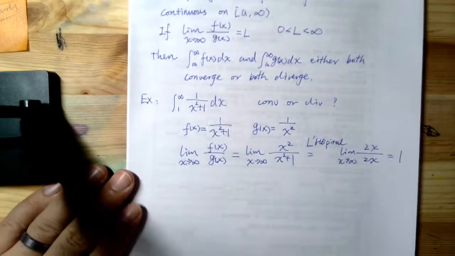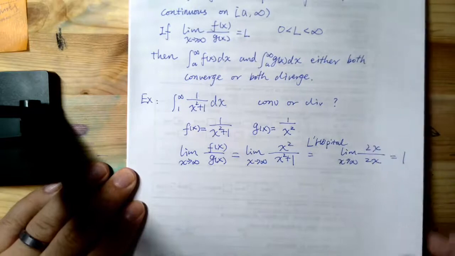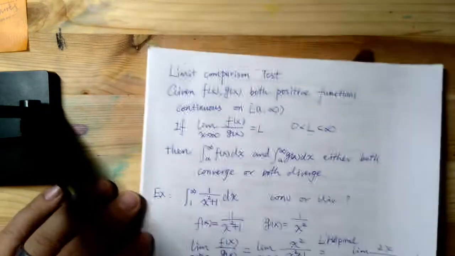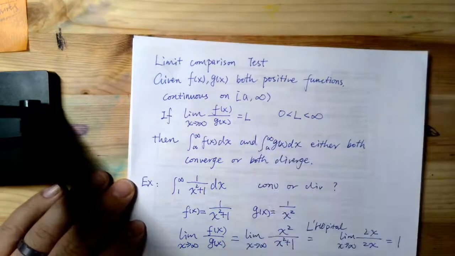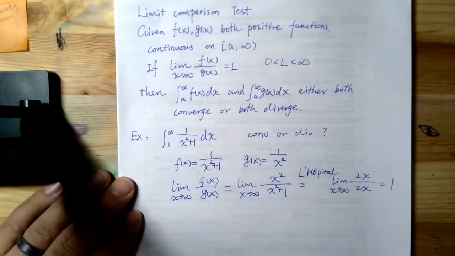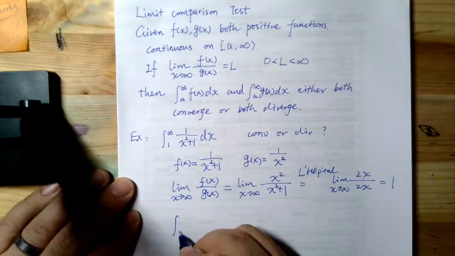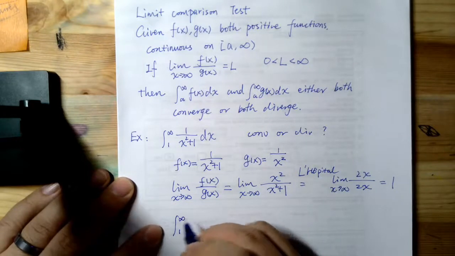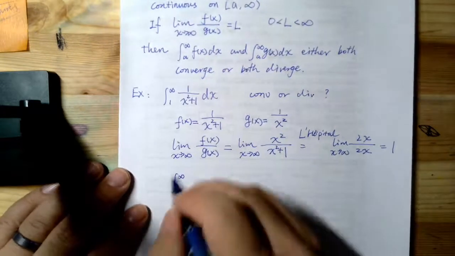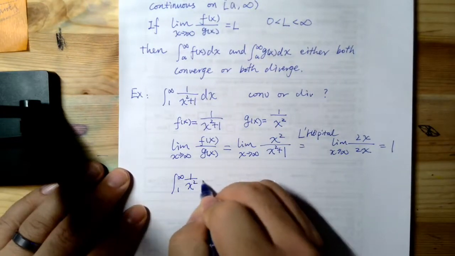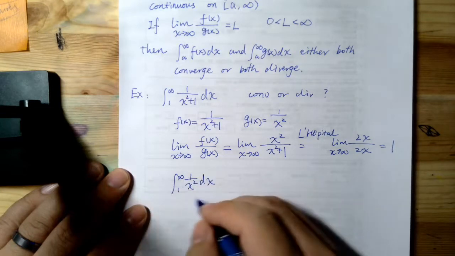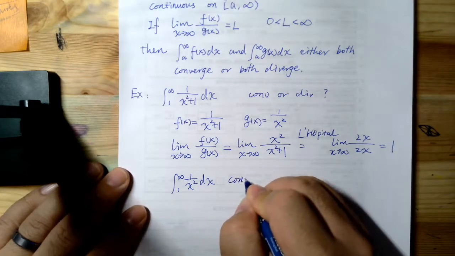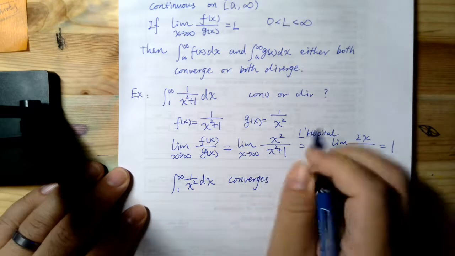Okay, so we got that, and then it satisfies the limit comparison test. So we can check the integral from 1 to infinity of 1 over x squared dx, and it turns out this integral converges.